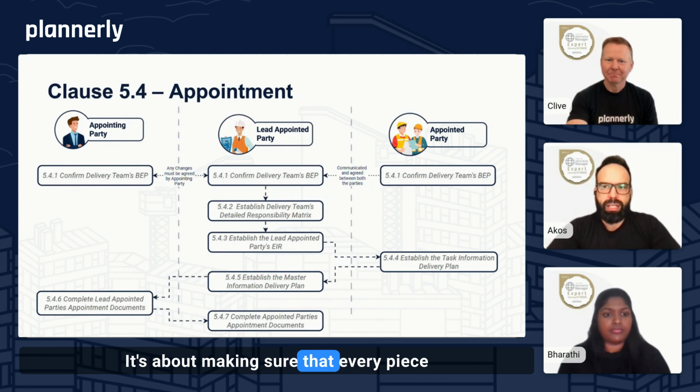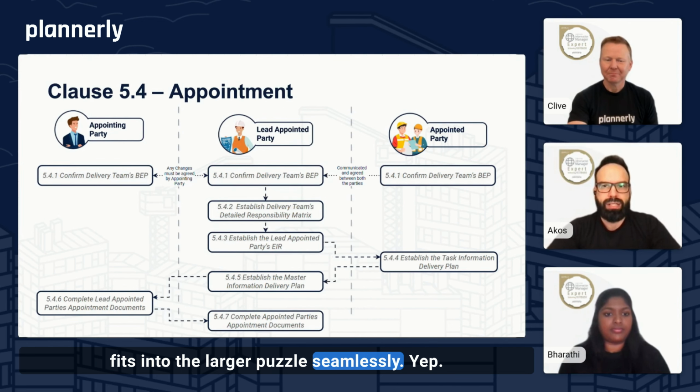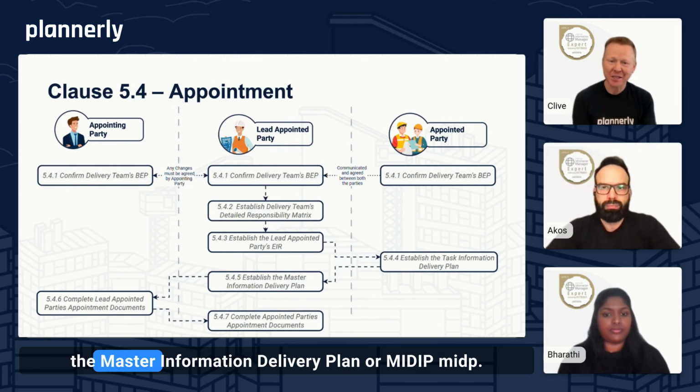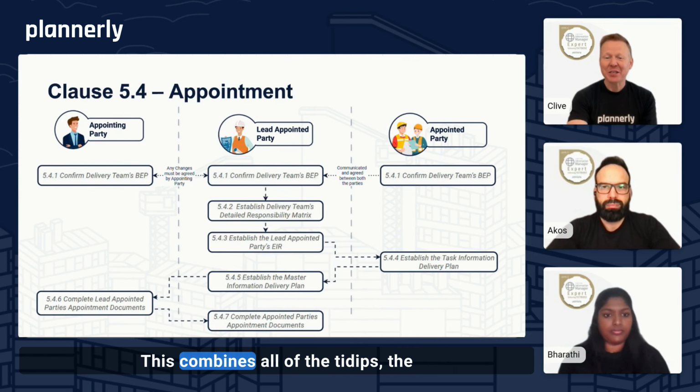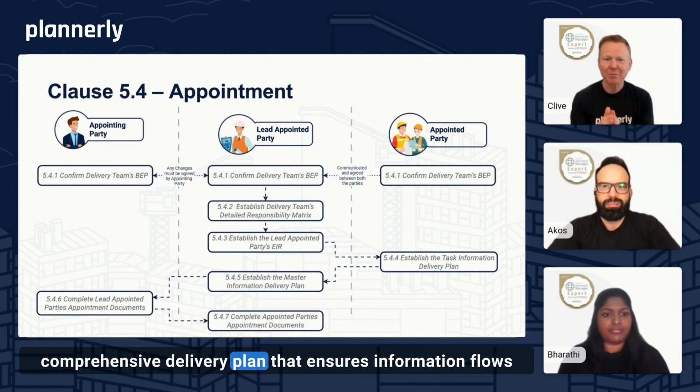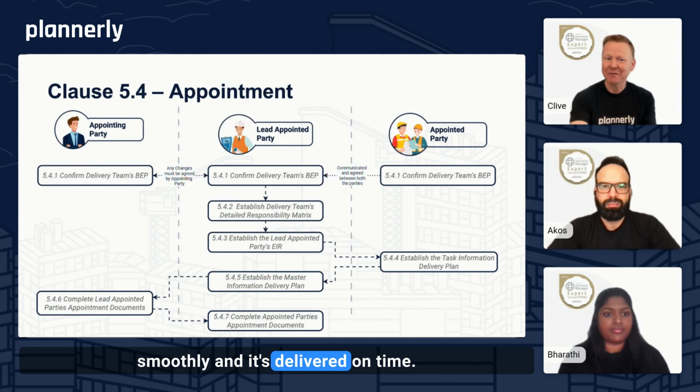It's about making sure that every piece fits into the larger puzzle seamlessly. Yep, and with those pieces in place, we then establish the Master Information Delivery Plan, or MIDP. This combines all of the TIDPs, the Task Information Delivery Plans, into a single comprehensive delivery plan that ensures information flows smoothly and is delivered on time.